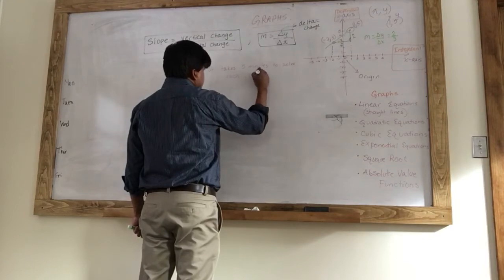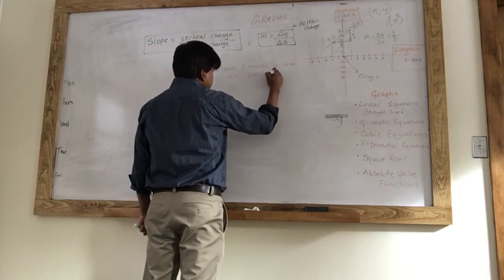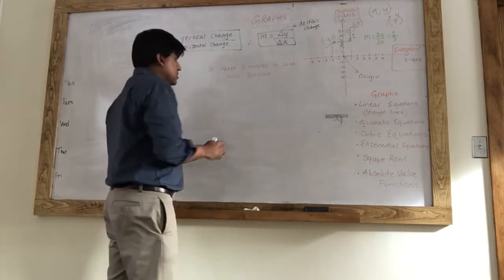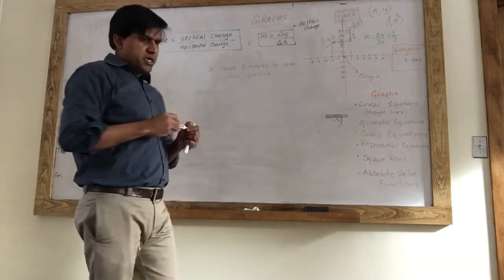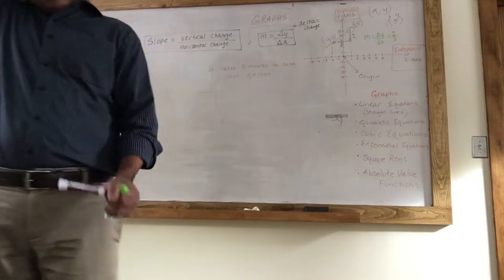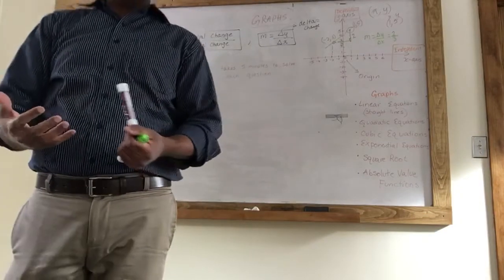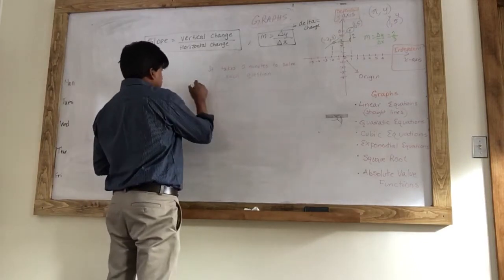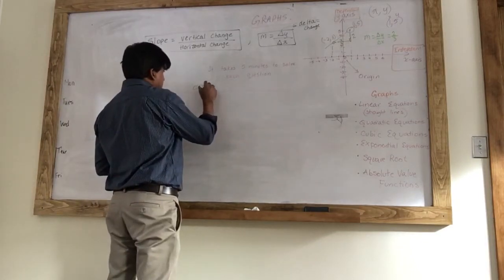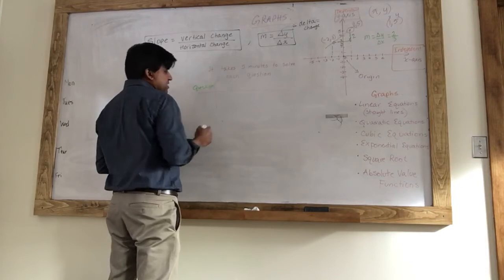And let's say you're solving 4 questions. So now which is the variable? The questions. And the questions will help you determine the time. So let's put the questions up here on the x-axis.